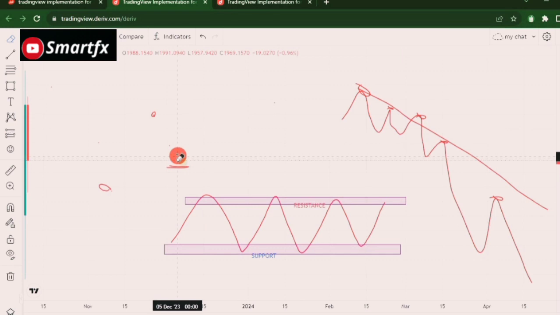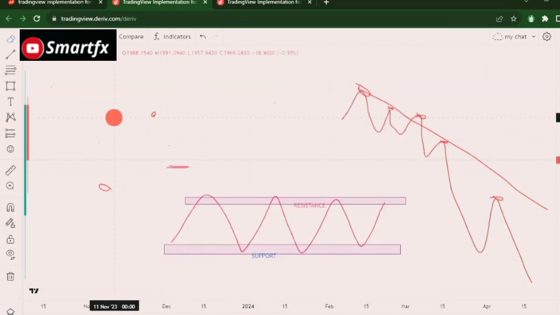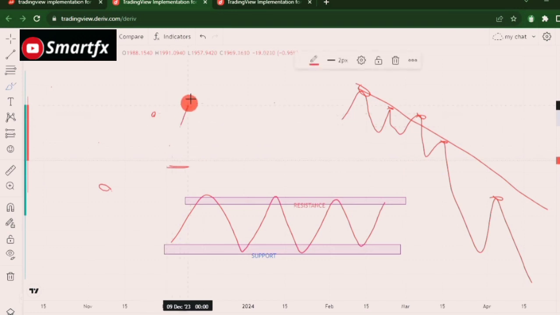Okay, this video is taking long. I don't want it to be long. Okay, so now I want to show you, for a market to reverse, you have to watch out for something like this. You want to create reversals, this is something you should be watching out for.